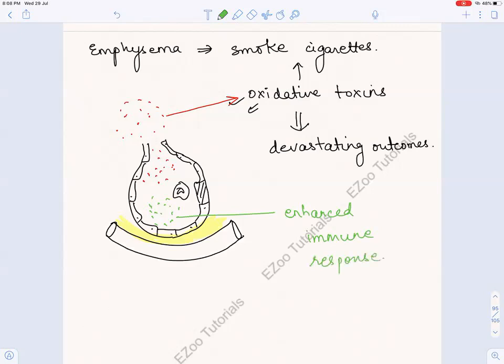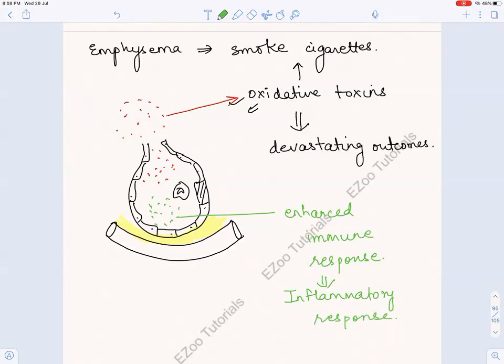And this is the enhanced immune response. Due to the enhanced immune response, there will be an inflammatory response.